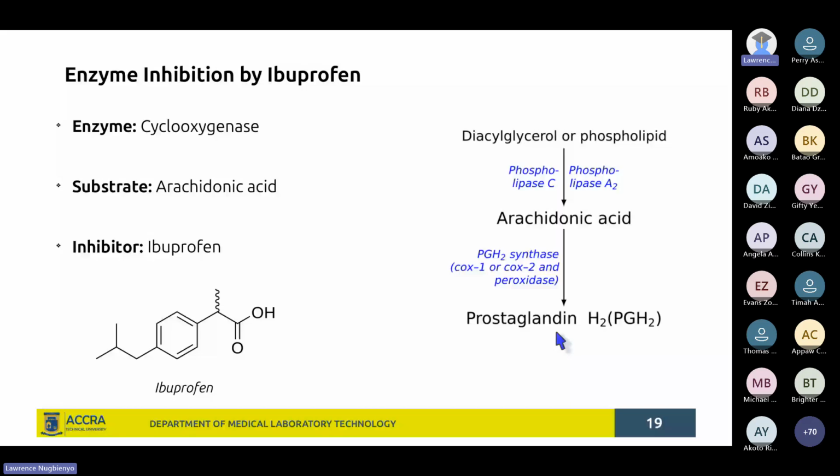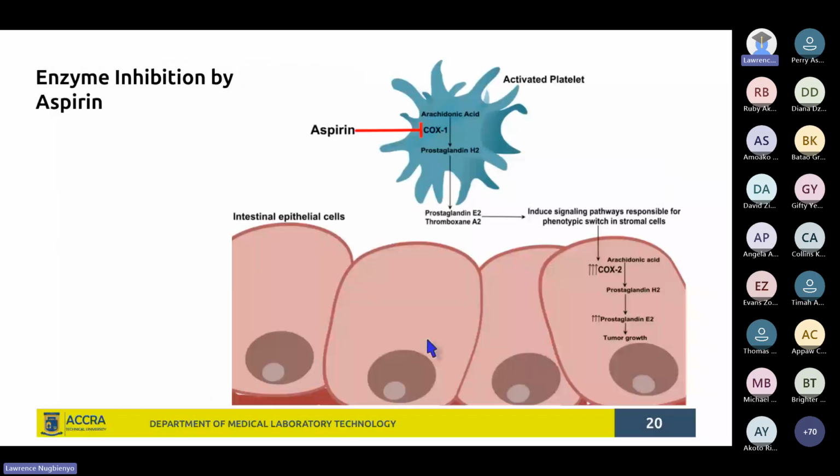All right. Now, similarly, you have another painkiller like aspirin also doing the same thing here. Aspirin is inhibiting cyclooxygenase 1, which is involved in the cyclization of arachidonic acid into prostaglandin H2. This is happening in platelets, where there is an inflammation.